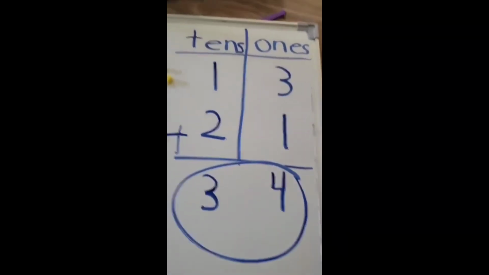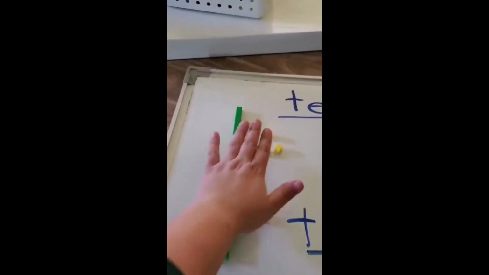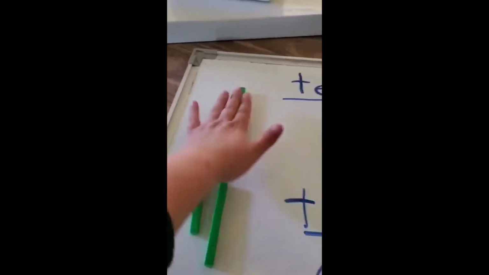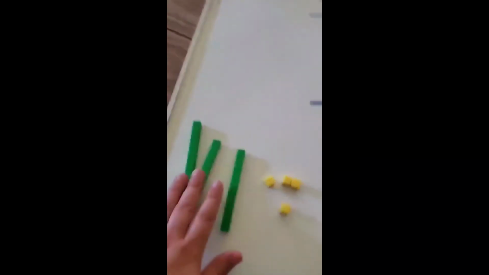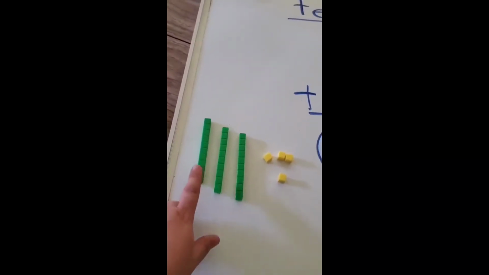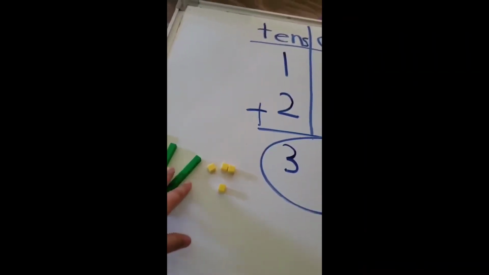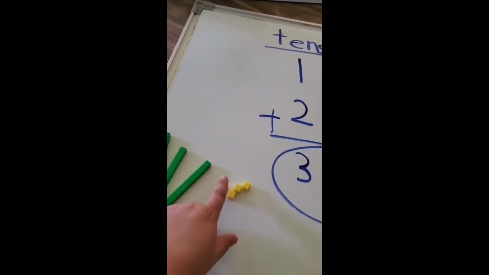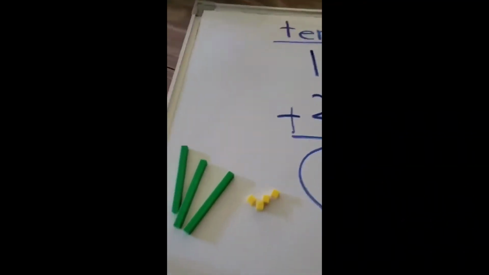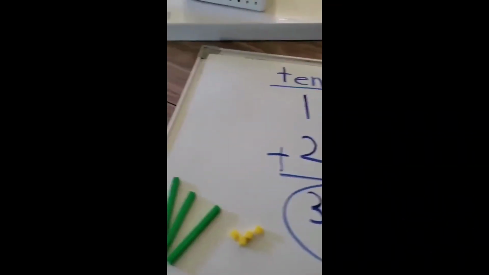You're right. So let's add these up to make sure that we have it right. All right. So we have 3 rods, so that's 3 tens, so that's 30 plus 1, 2, 3, 4. Is it 34? All right, 34. Isn't that super cool?